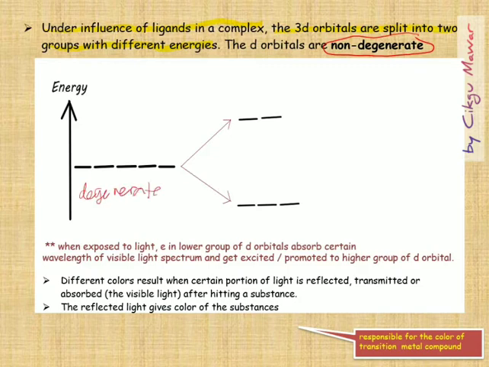With the presence of ligands, there is repulsion between the electrons in the ligand and the electrons in the d orbitals of the metal ion. This repulsion causes the 3d orbitals to split into two sets: two orbitals are higher in energy and three orbitals are lower in energy.